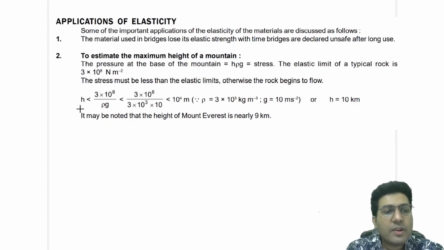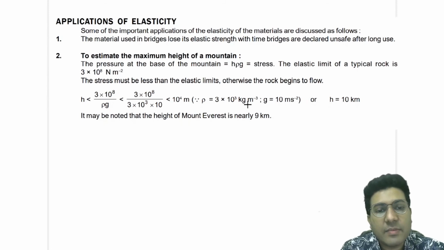Therefore h must be less than 3 × 10^8 divided by rho g. We will assume the density of rock is 3 × 10^3 kg per meter cube, and g is 10, which gives a height of about 10 kilometers.